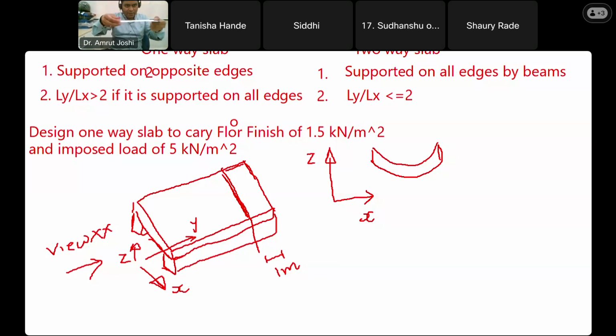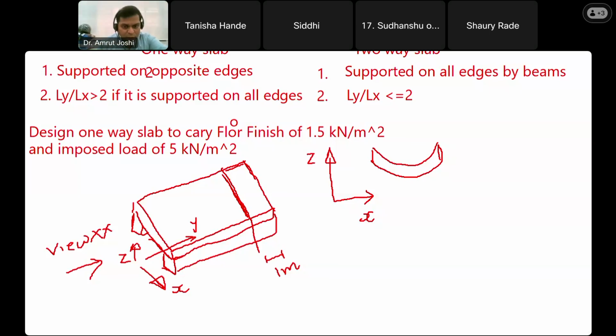Are you with me? Yes, sir. And it bends like this. So can I design this as a beam of 1 meter width and thickness equal to the thickness of the slab? Are you with me? Yes, sir. And whatever design I get, I will keep repeating in the other direction. So the same steel, everything will be provided. Are you with me? Yes, sir.